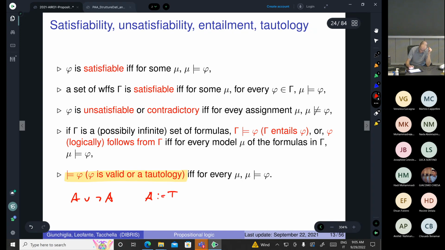If A is assigned to true, then we have true or false, which is true. If A is assigned to false, then we have false or true, which is again true.